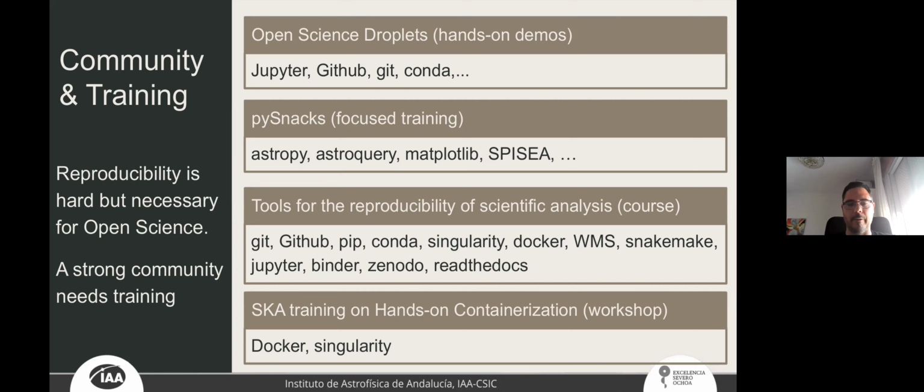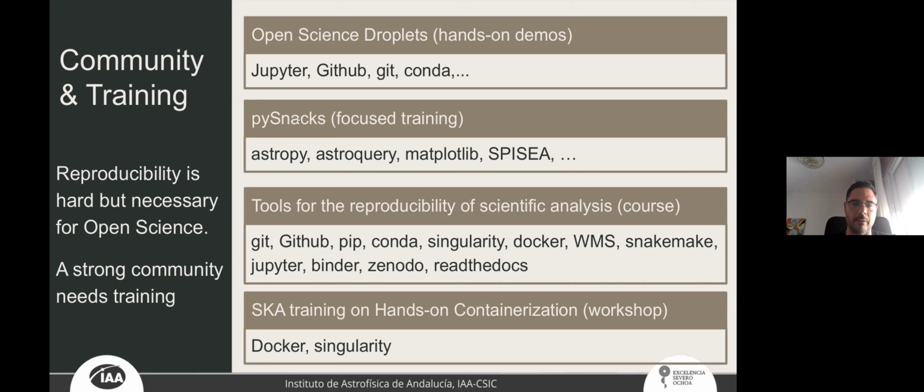I think training the community is also important. If we learn something, it's always good to share it with our peers, because the stronger the community, the more impactful open science and reproducibility will be. So we are coordinating some training activities, mostly in our institute, but also in other places. For example, these open science droplets are hands-on, very short demos on some of these tools.